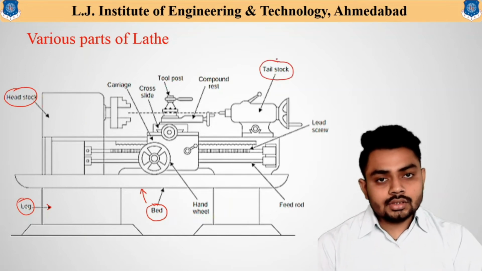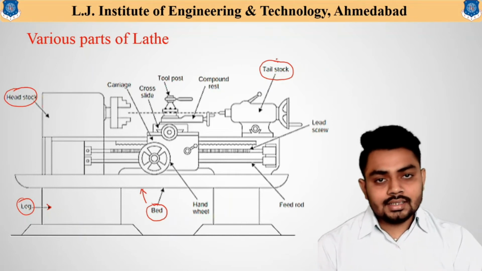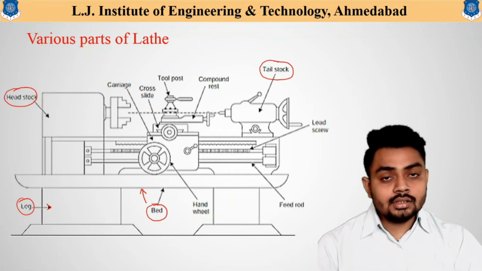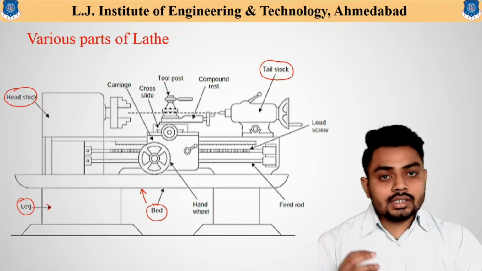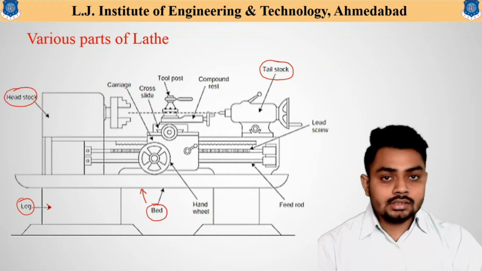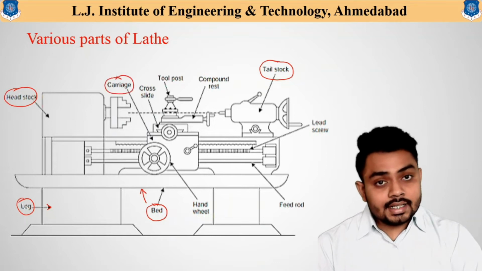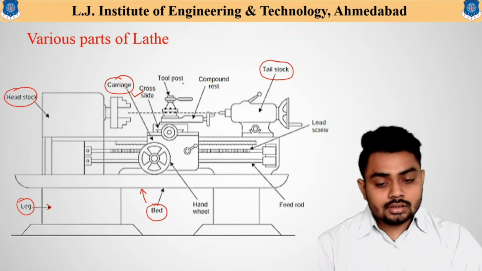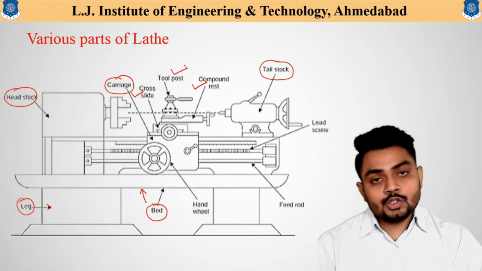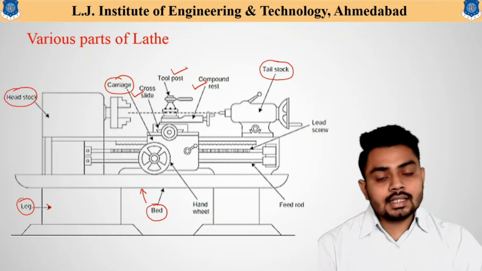This tailstock is available at the other end of the lathe machine, and there are different important operations that can be performed using this tailstock, which we will discuss. Now the next one is the carriage, and this carriage consists of the cross slide, compound rest and the tool post.